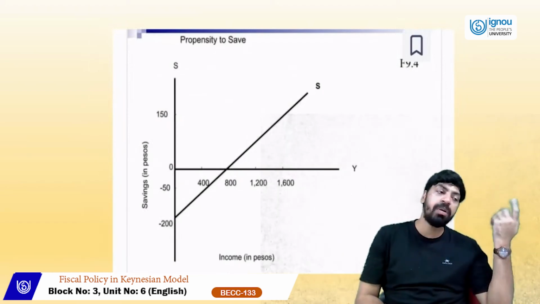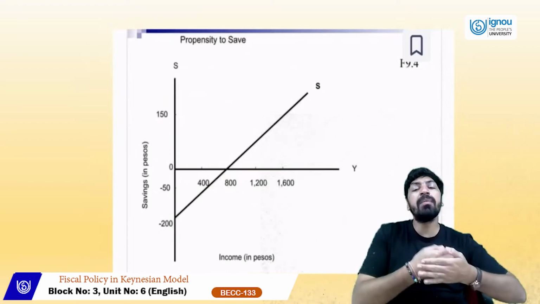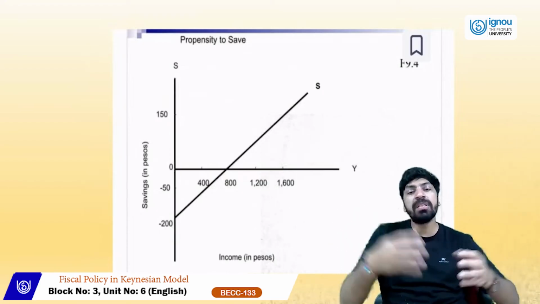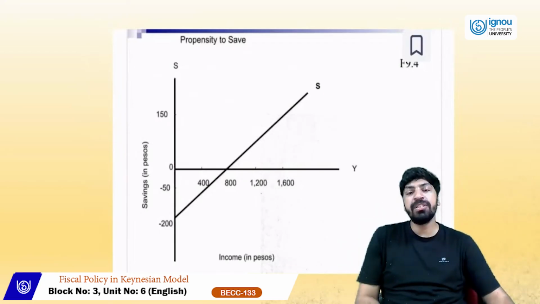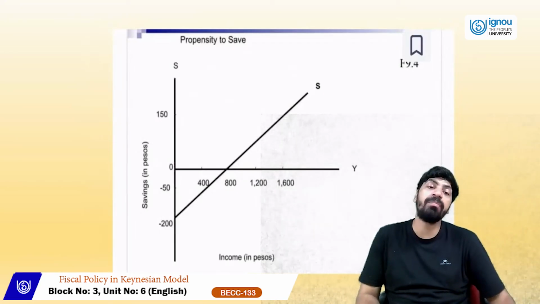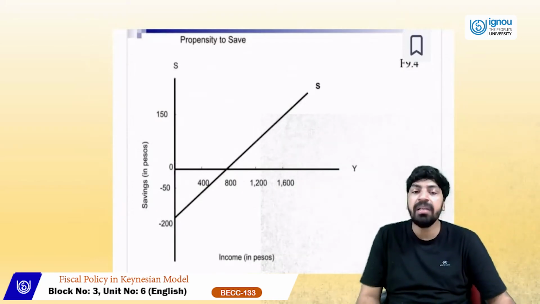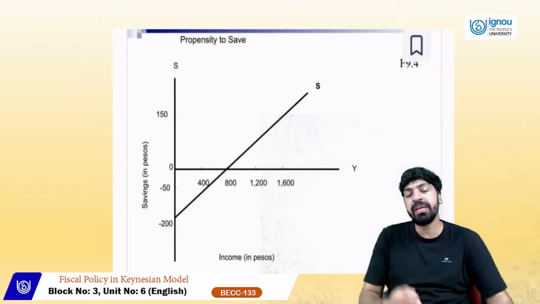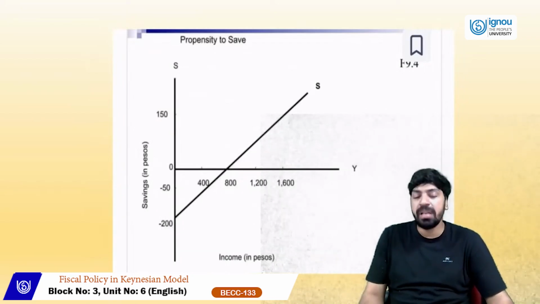So when we talk about the propensity to save, the curve will always begin from negative to positive, as a straight line. On the positive side it is a positive 45-degree line, but when negative, it begins from the negative, and that is the saving function line.